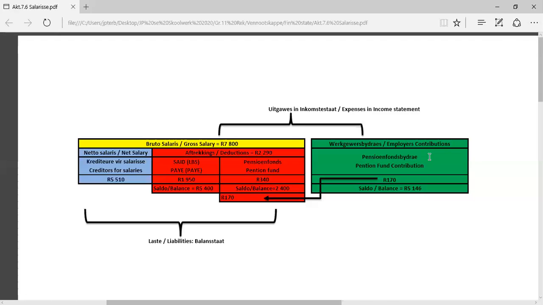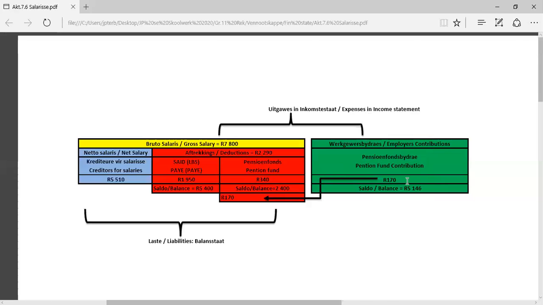So by pensioenfonds bydra in jou inkomstestaat, dis 'n uitgawe. Is daar reeds 'n saldo R5,146. Dis natuurlik die ander werkers se pensioenfonds bydraes. En dan moet jy nog die 170 van hierdie werkers in gaan bytel. Dan sit jy dit saam, dis 'n uitgawe in die inkomstestaat. Okay.